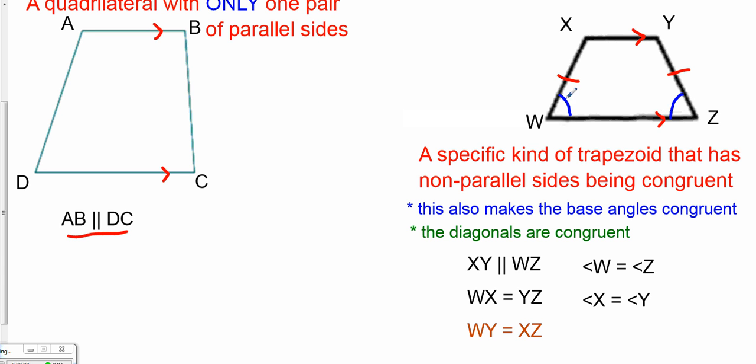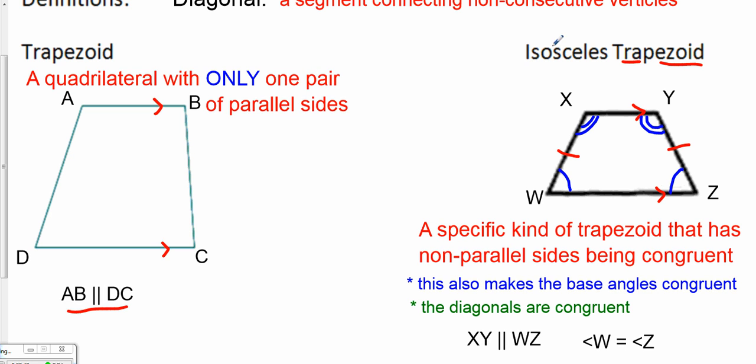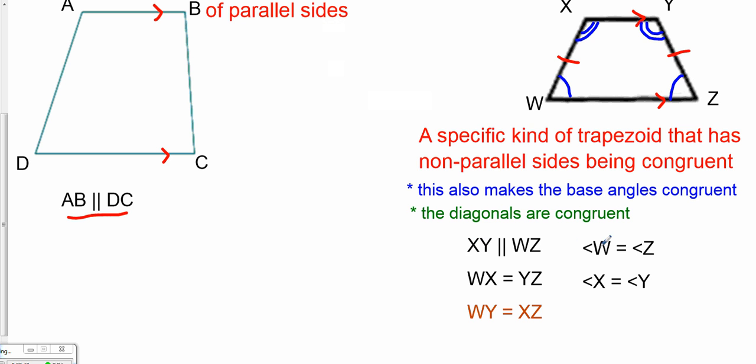Now by same side interior angles, if this one is parallel to this one, then these two are going to be supplementary, and this is the same as that one, so this one also has to be the same exact angle. So if they told you that WXYZ is an isosceles trapezoid, we would have all of this information in black so far.